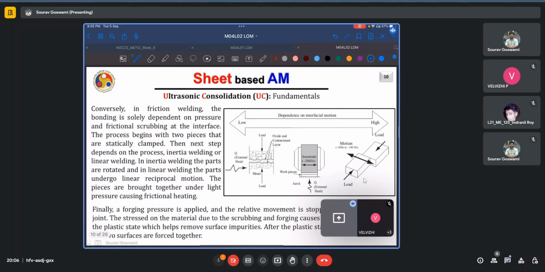Now, let us look at how it is similar to linear friction welding. So, in friction welding, usually the bonding is solely dependent on the pressure and the frictional scrubbing. In this case, there is relative motion between the mating surfaces.